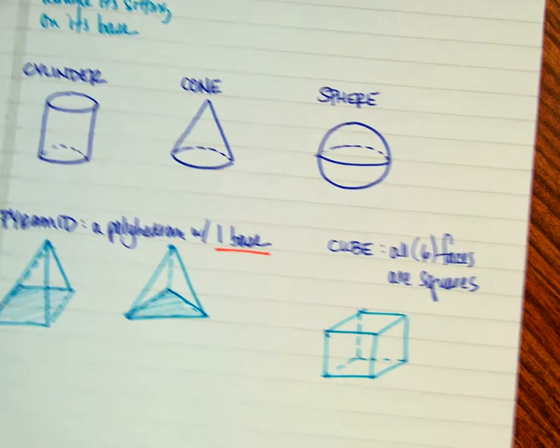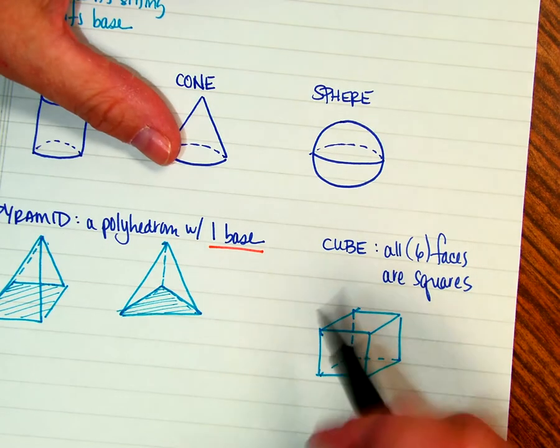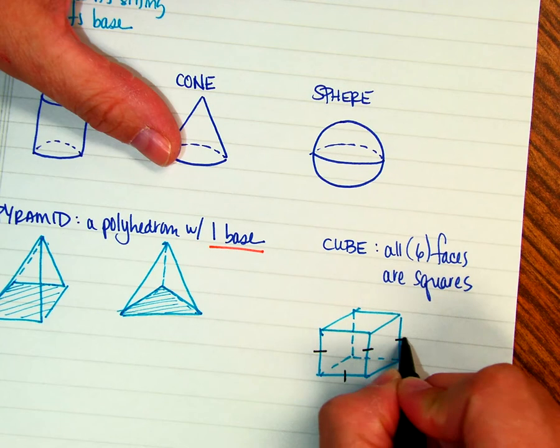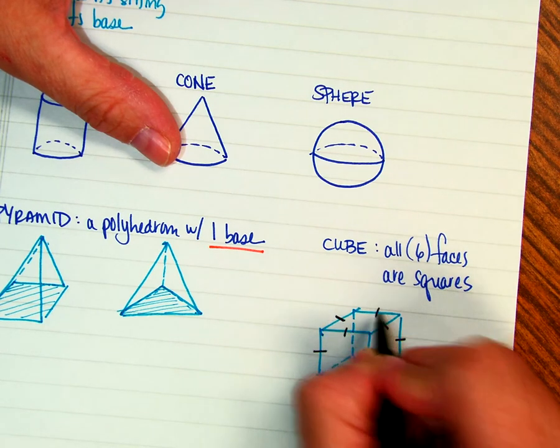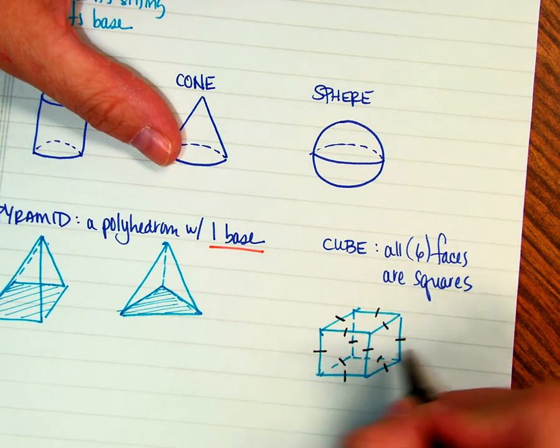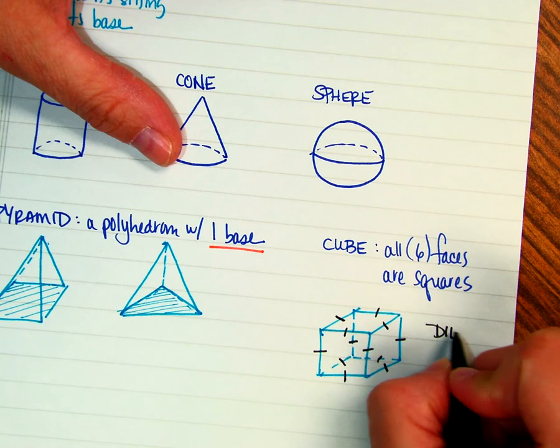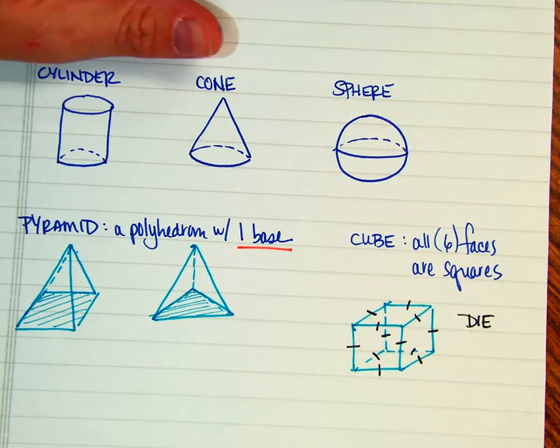Okay, so that would be an example of a cube. So all the edges would be the same. I think of a die, one of a pair of dice.